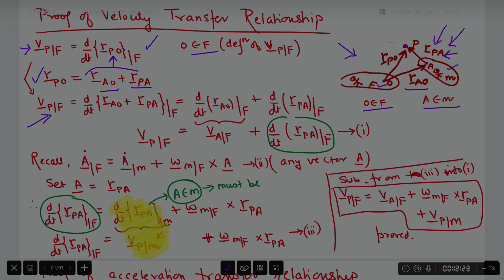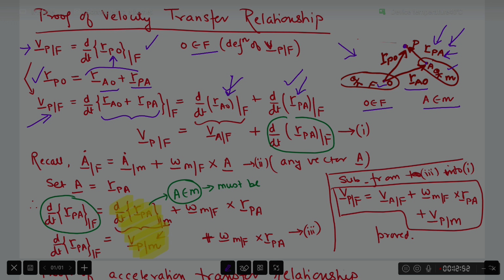So now the time derivative operator has to act on the sum of these two terms. These are the two derivatives with respect to F. Thus, VPF should be the sum of these two terms that we have marked here.